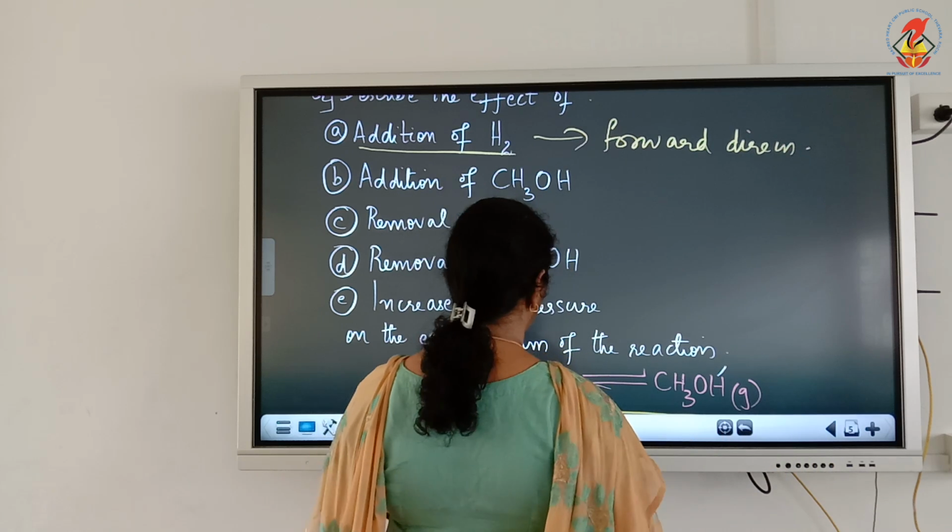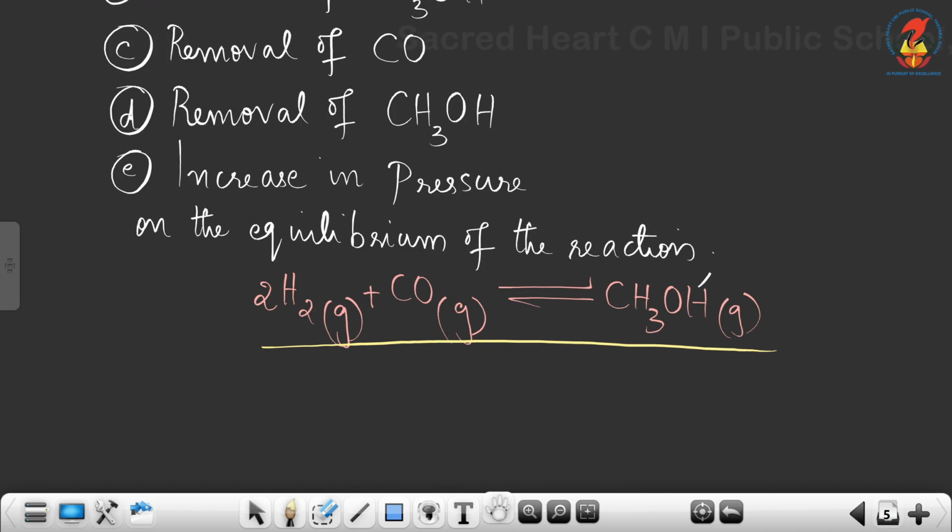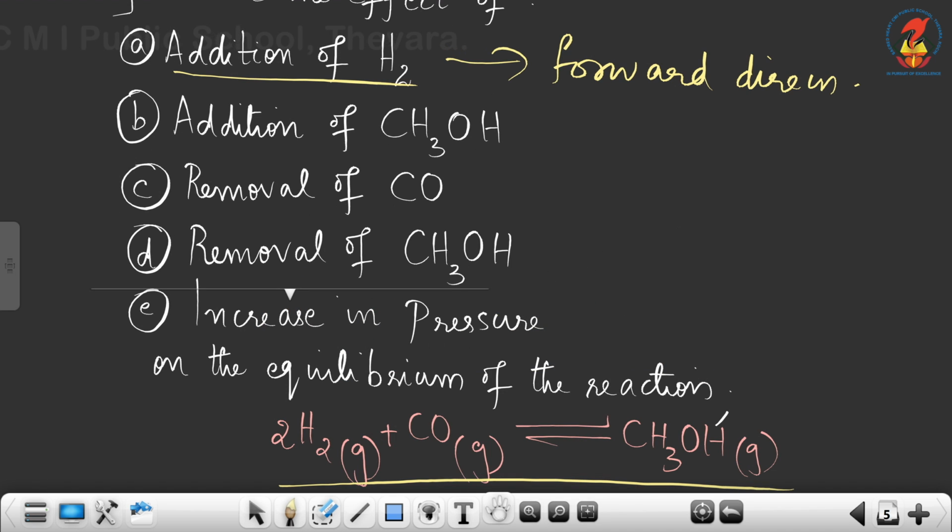Now next is addition of CH3OH, and you can see from the reaction that CH3OH is the product. So I am increasing the concentration of product, which means the reaction takes place in the backward direction. So the answer for the second one is backward direction.